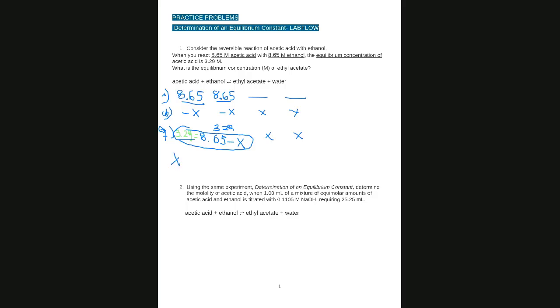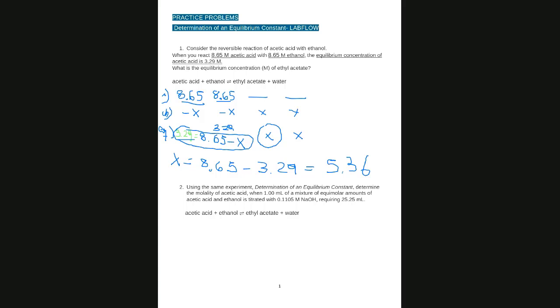X is going to be 8.65 minus 3.29, because they are asking for the equilibrium concentration of ethyl acetate, which is the X. So I have as an answer 5.36. Thank you, Alonso. Perfect. Yes. Awesome. That is the correct answer.